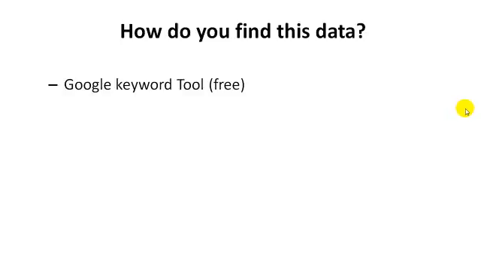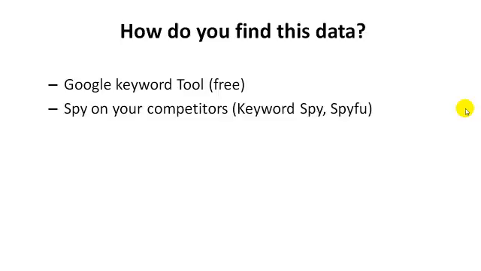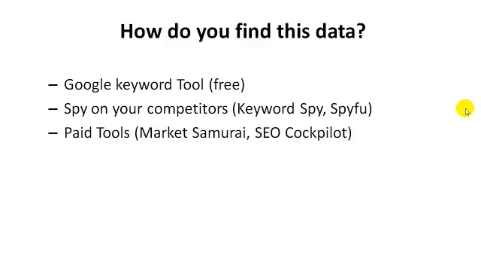Well, you can use several tools. We're going to be using a Google keyword tool, which is free. Another cool strategy is you can figure out what keywords to rank on by spying on your competitors, by looking at tools such as keywordspy.com and spyfu.com. There are other paid keyword tools like Market Samurai and SEO Copilot and so forth.